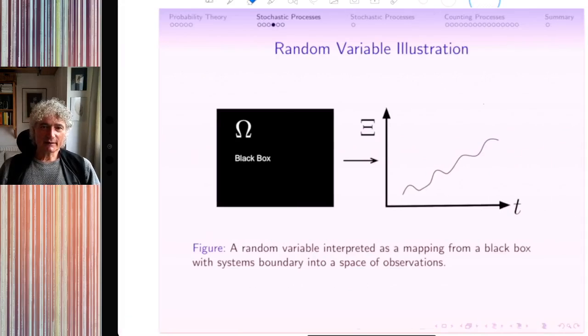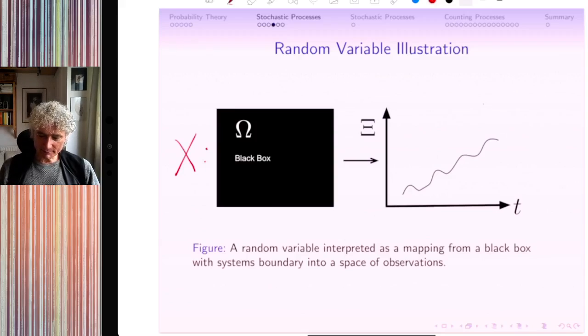So if we associate our black box, so everything that has certain, now of course random mechanisms, then you have here the black box associated to omega, and now the random variable X, you could actually write this in this way. You write X is a mapping from omega to Xi.